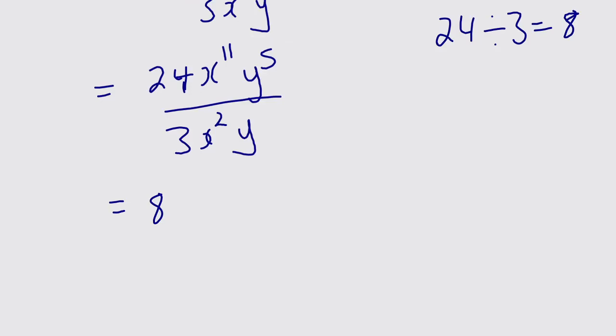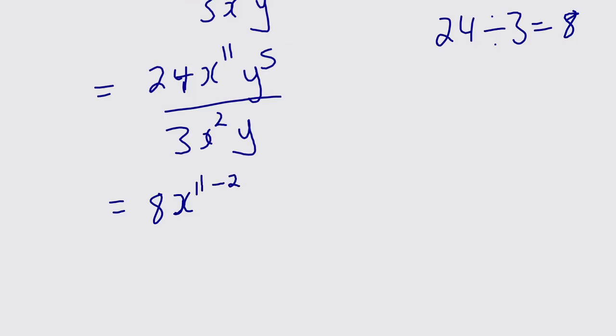And then we have x to the power 11 over x to the power 2. When the bases are the same, we subtract the exponents. Don't forget that. So x to the power 11 minus 2.